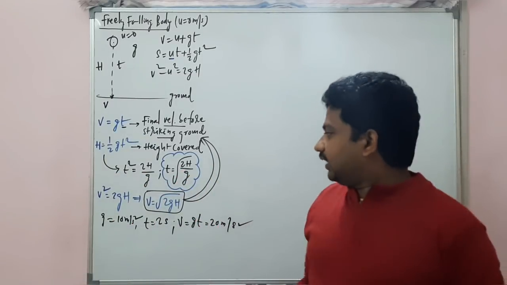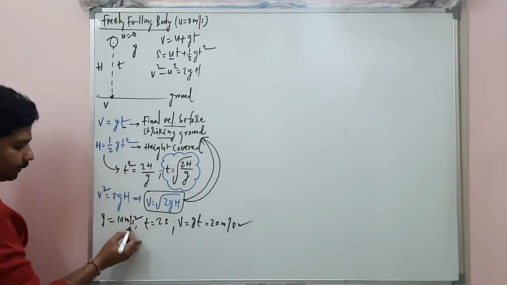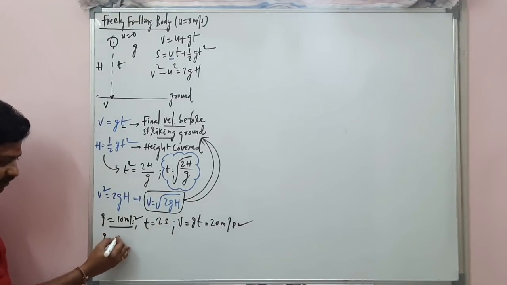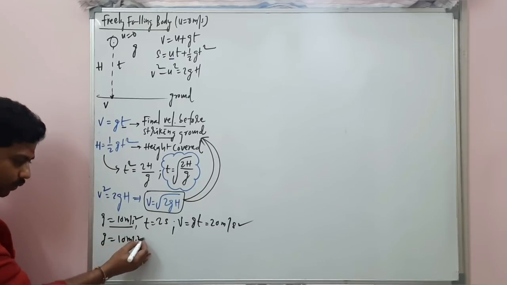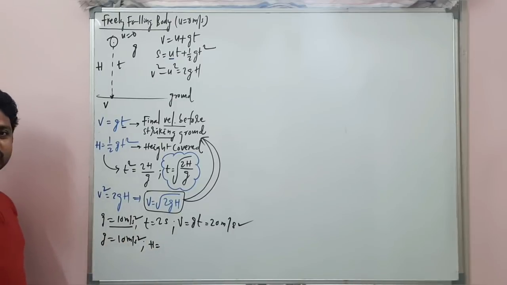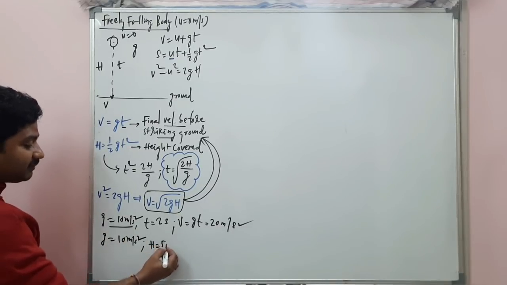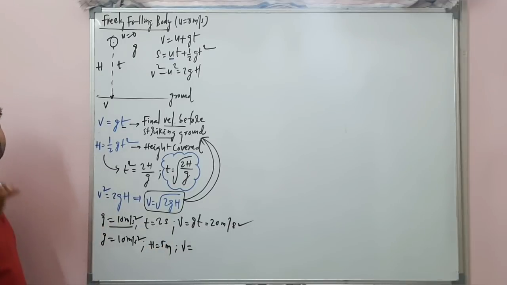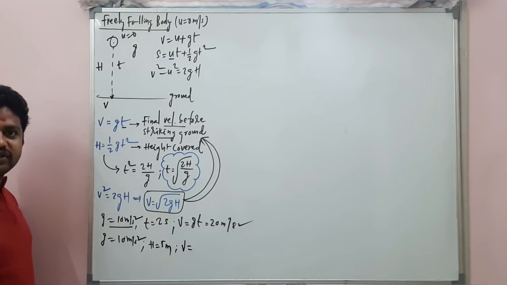But for example, they gave g value only. They have not given the time value. They gave g is 10 meters per second square. They give you your h value. This is the most important, you see here. h is 5 meter. So now they ask you to find the final velocity before striking the ground. It's simple.